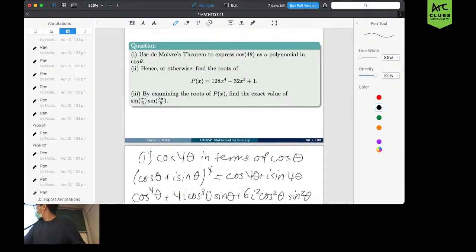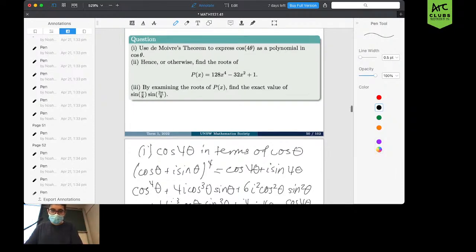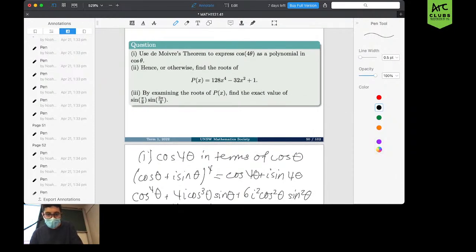Okay, it says by examining the roots of P of X. Now, 99% of the time, that means we use the sum and products of roots. And we're trying to find the exact value of a product between two sine functions. So that's actually hinting that we use the product of roots only and nothing to do with the sum of the roots. So I'm going to write here, whatever our roots are, just say our roots were alpha, beta, gamma, delta.